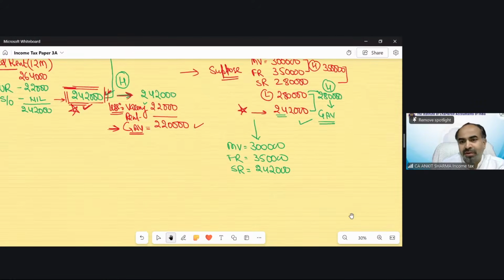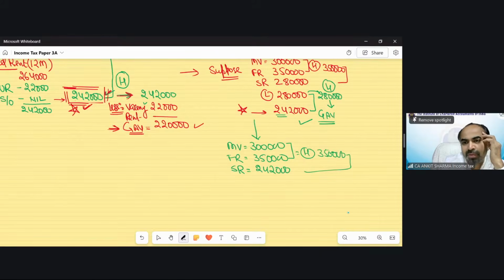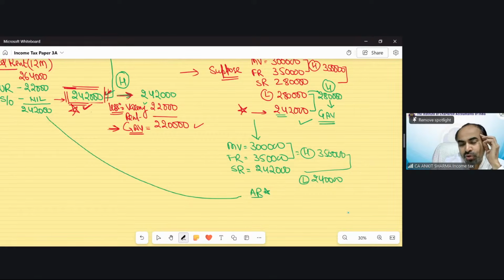Clear? So if you calculate the higher value, it would be 350. Then the lower would be 240. Fine. Now, when you compare the value of annual rent, as we have done in these cases, the annual rent value is also 242. This is 242.